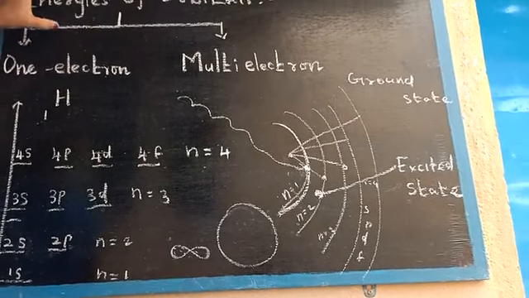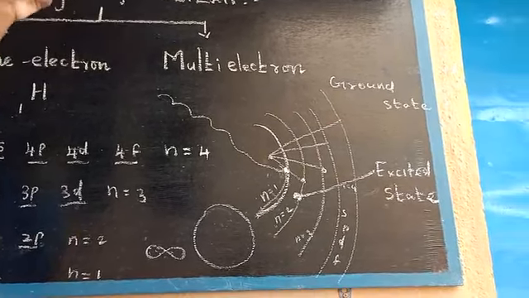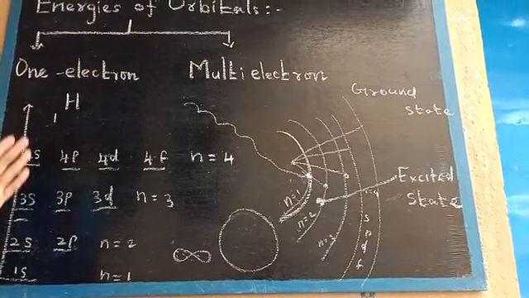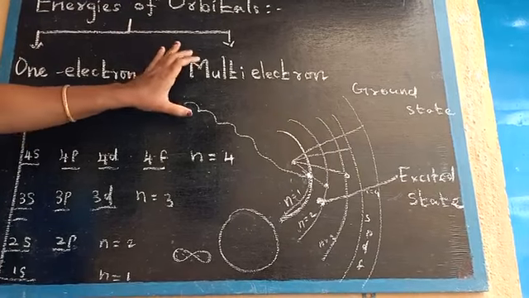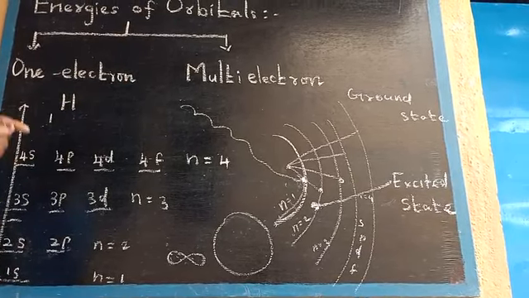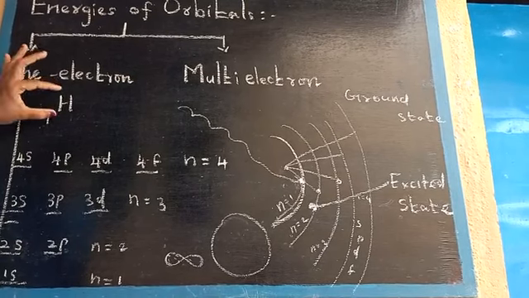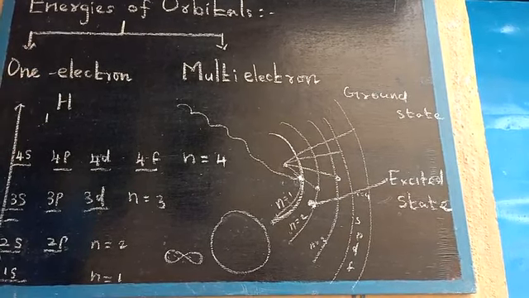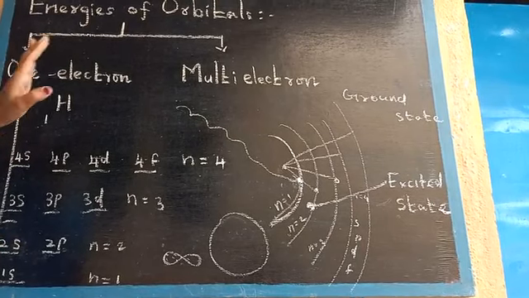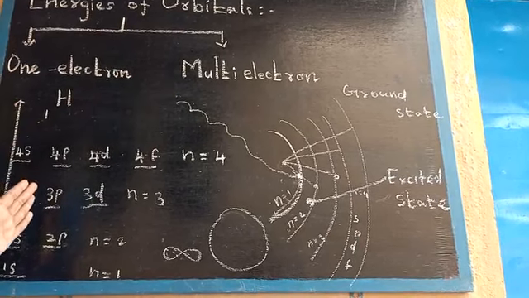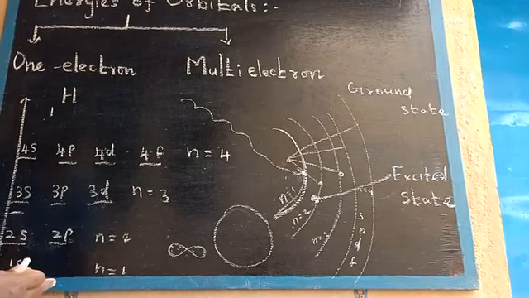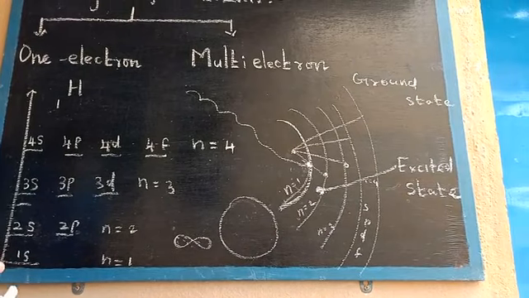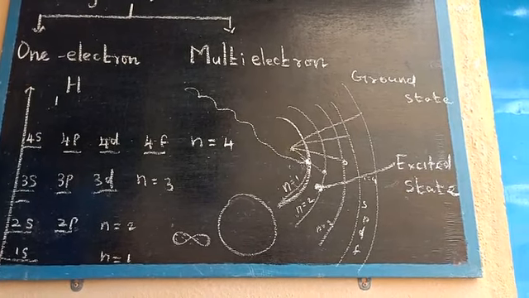Children, here we talk about the orbital energies. It is explained based on two methods. One is the one electron system and another is the multi-electron system. In a one electron system, take the example of hydrogen. In hydrogen, the arrangement is like that. But in a multi-electron system, it is not suitable for this pattern. Some deviation occurs. So why does this deviation occur? Now we see.